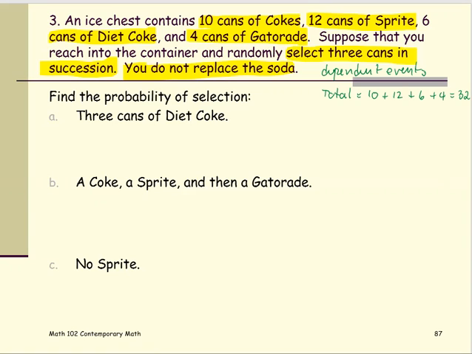So 3 cans in succession, and each one we get a Diet Coke. Set up the probability of the first one as a Diet Coke, the second one as Diet Coke again, and the third one as Diet Coke again.